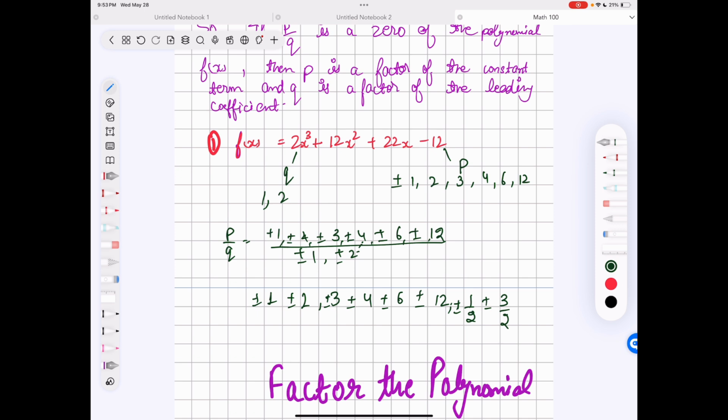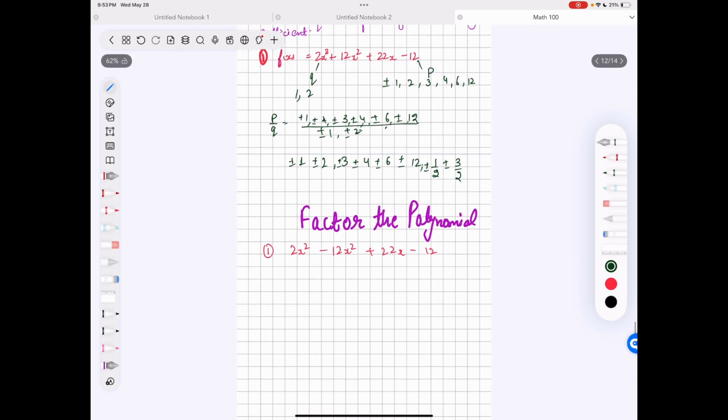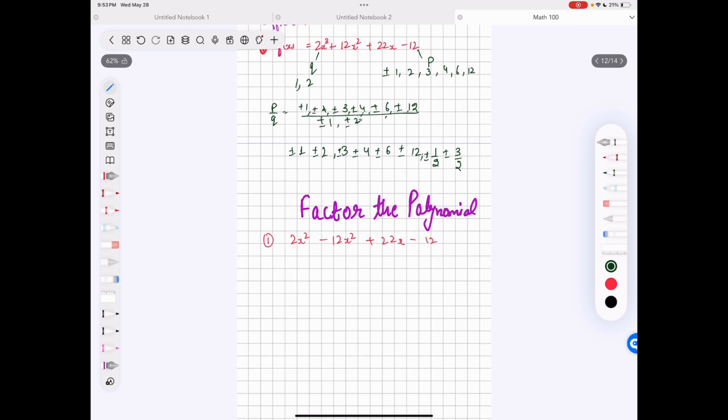We can write everything else I've mentioned here. So we take 2 over 6, we get 3 over 2, we get 2 over 12, we get 6. So those are our possible roots that we can take and figure out for the polynomial factor.